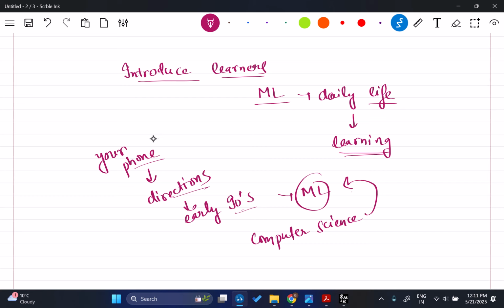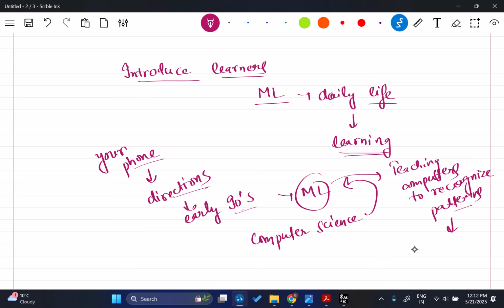What is machine learning? Machine learning is teaching computers to recognize patterns in data. After analyzing those patterns, the machines make decisions without us writing any step by step rules, like we do in most programming languages.